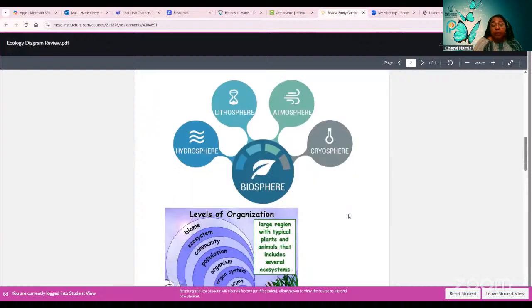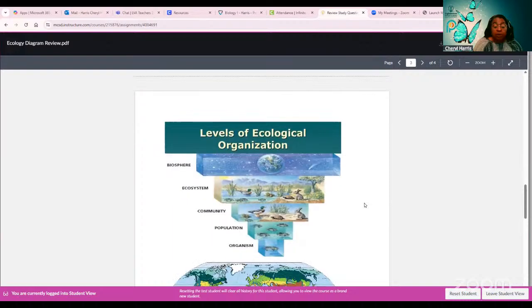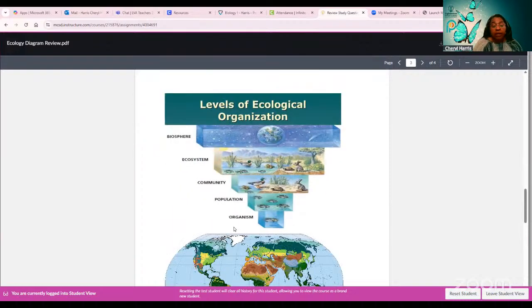All right, so we're going to take that and biomes, and I'm going to specifically look at the levels of organization again. This is a picture that gives you a clearer idea of what those levels mean. So we have one fish, he's an organism. And then the next picture has a lot of fish, but they're the same fish.